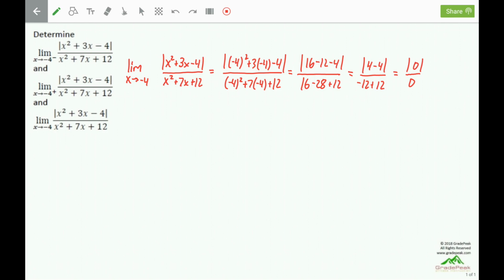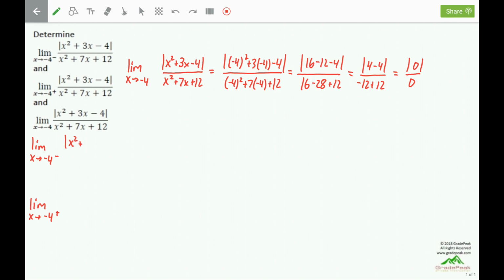Since the limit resulted in a 0 within an absolute value, it is required to work out each side separately. So we will need to work out the limit as x approaches -4 from the left side, indicated by the negative superscript on the -4, and the limit as x approaches the -4 from the right side, indicated by the positive superscript on the -4.